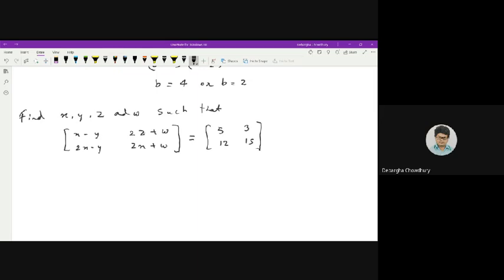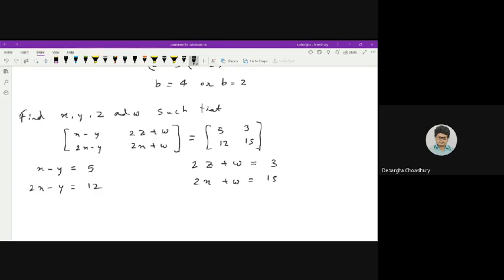So let's see what we would do. We would have different equations like x minus y equals 5, 2x minus y equals 12, 2z plus w equals 3 and 2x plus w equals 15, if we compare the elements.